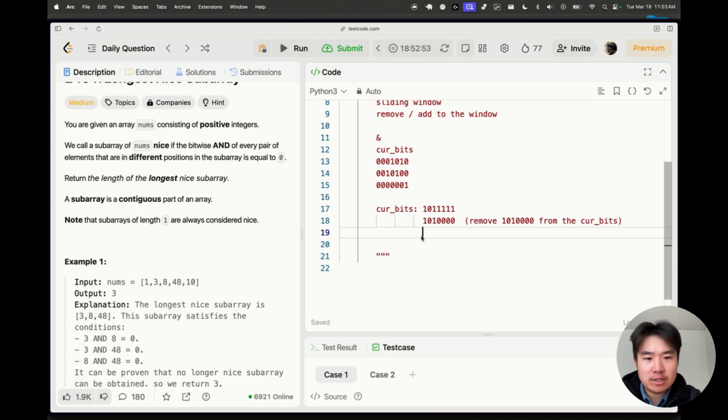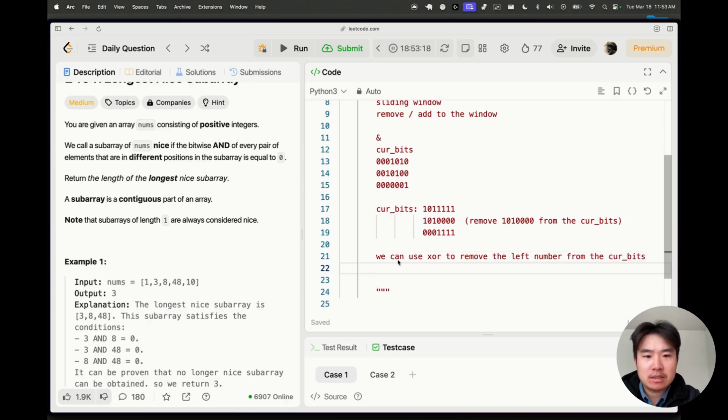So it would be 0, 0, 0, 1, 1, 1, 1. Okay, so we can use XOR to remove the left number from the cur bits. Okay, that's cool. How do we add to the thing?